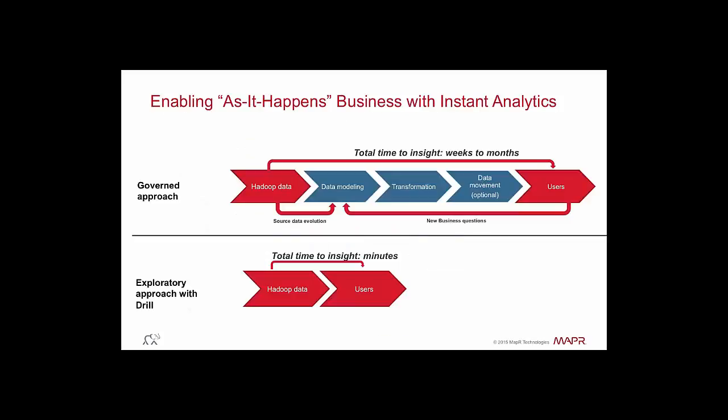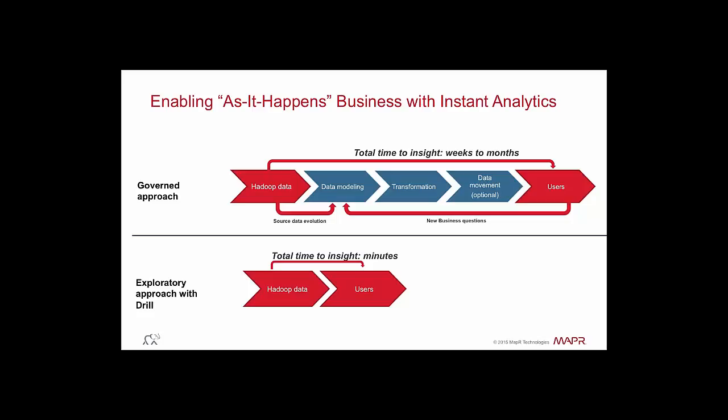What it enables for the end user is what we term as it-happens business. If you look at the traditional approach, the governed approach, you would typically put your data in Hadoop, then you would evolve that data set, you would do some sort of data modeling, then you would perhaps transform it to pick up the right columns and rows, and then typically move it out to a different appliance, a different data warehouse, so you could run the faster analytics.